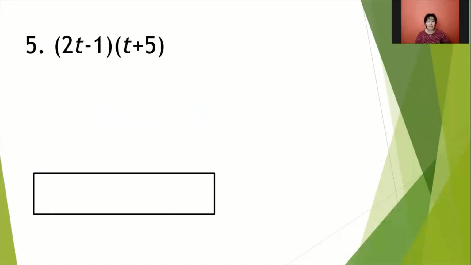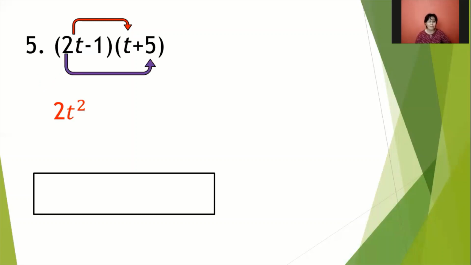Okay? Number 5 is 2t minus 1 quantity t plus 5. It is a binomial multiplied by another binomial. Since they are both binomials, again, we have to use the FOIL method. 2t times t is equal to 2t squared.